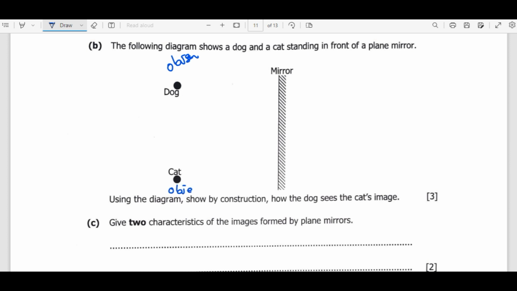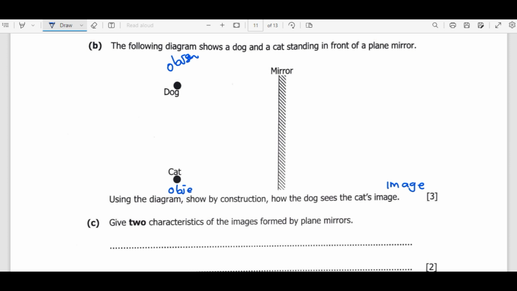Then the image is formed behind the plane mirror. So under reflection, the image is formed behind the plane mirror. So what are we supposed to do? We are going to draw the incident ray and the normal plus the reflected ray.